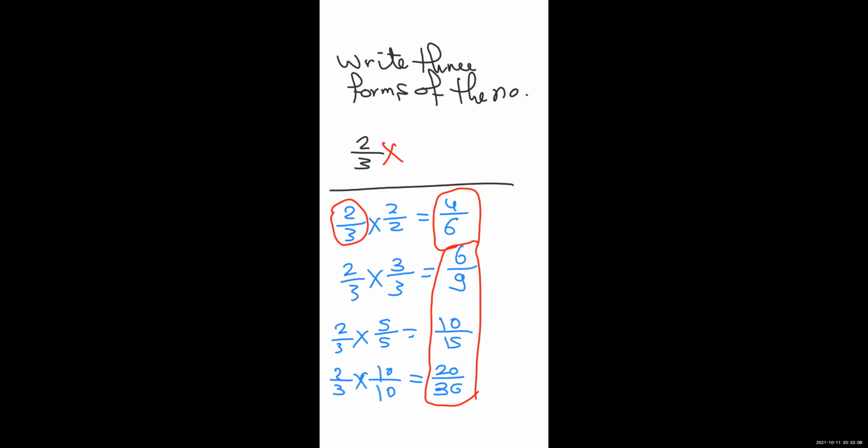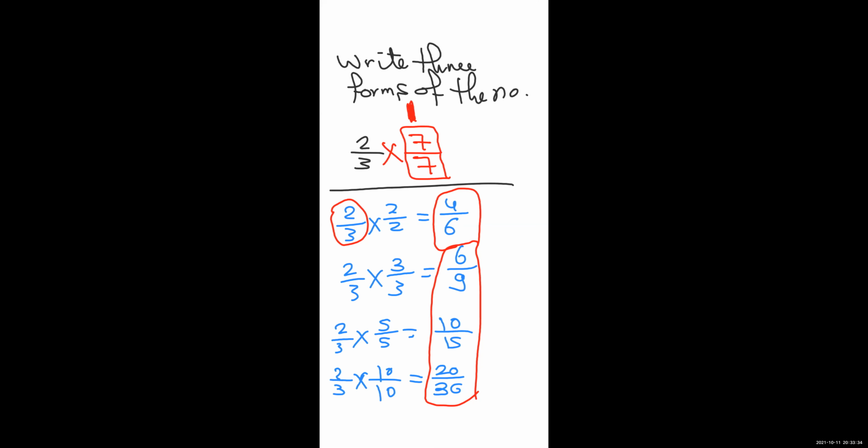Listen, okay? If you multiply 2 over 3, like if you multiply the numerator by 7, then you have to multiply the denominator by 7. Actually, guys, we will never change the value, because multiplication by 7 over 7 or 5 over 5 or 2 over 2, 3 over 3 means 1, right?